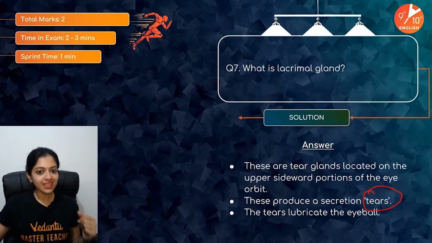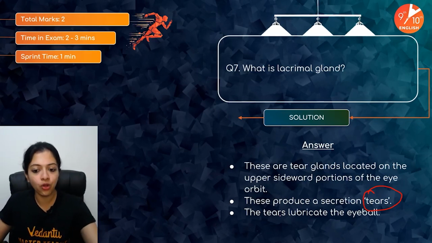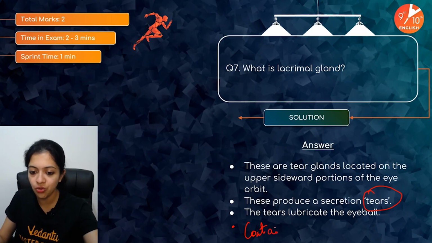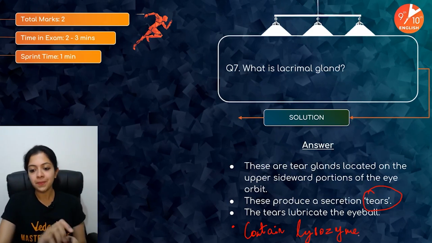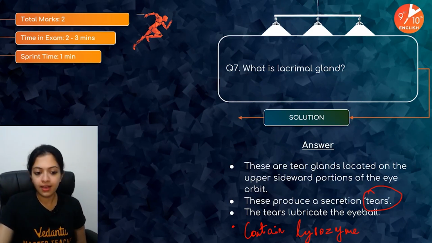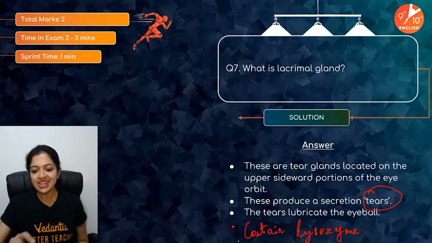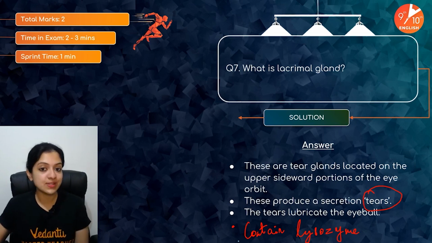The tears lubricate the eyeball, and they also contain lysozyme, which can kill certain bacteria. It's got a bit of an antibacterial effect. So it contains the enzyme lysozyme.